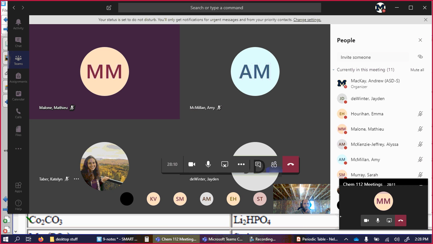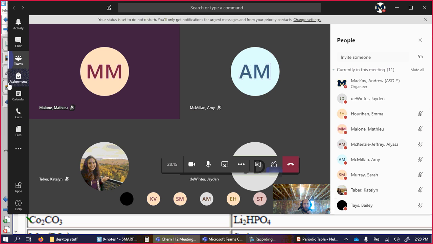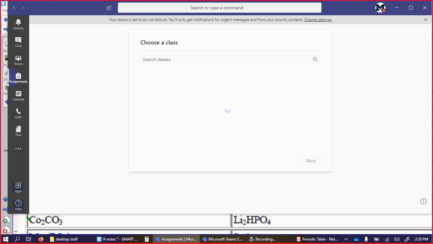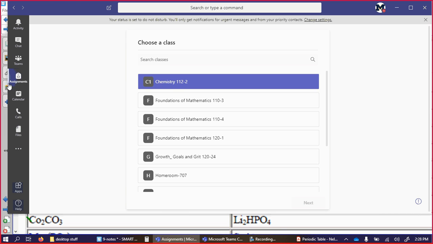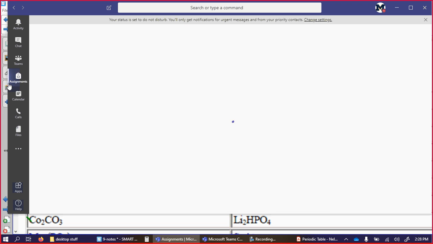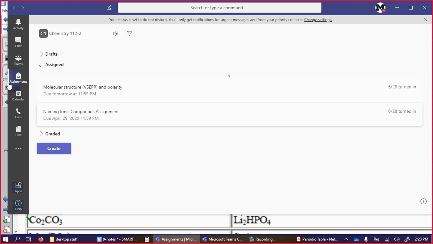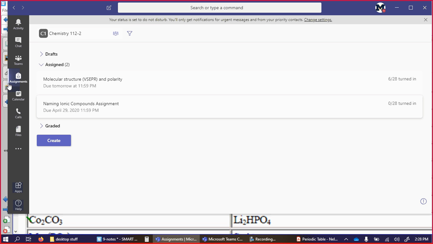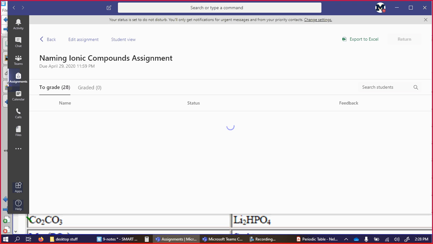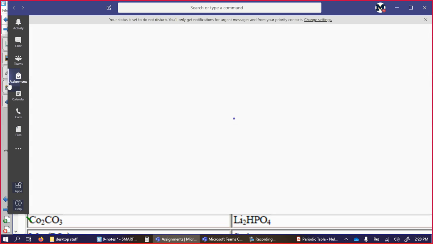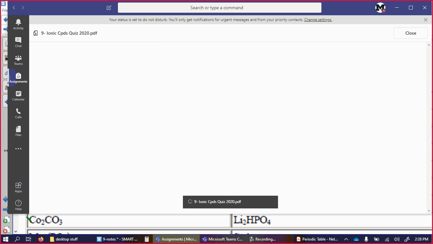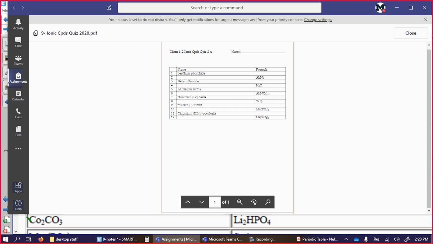So, to draw your attention, I'm going to guess most of you have seen it. I put up an assignment. The file is going to say quiz, but whatever, it's the same thing. This one has a little bit of a quicker turnaround because it's I think 6 formulas, 6 names.